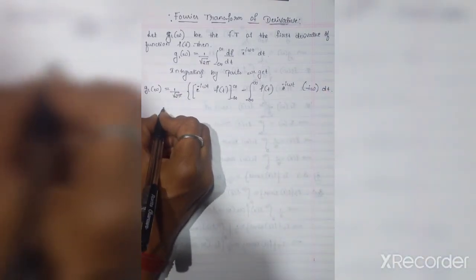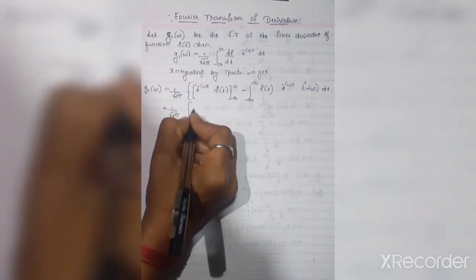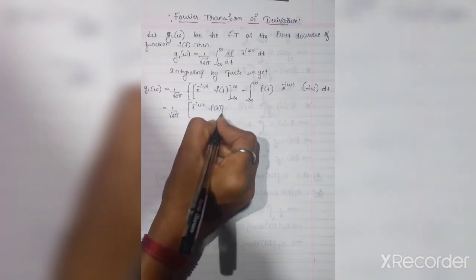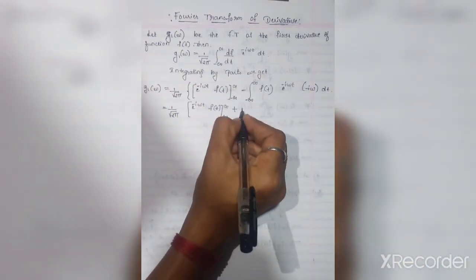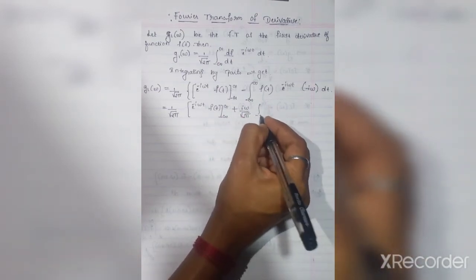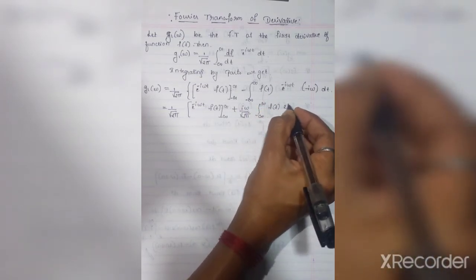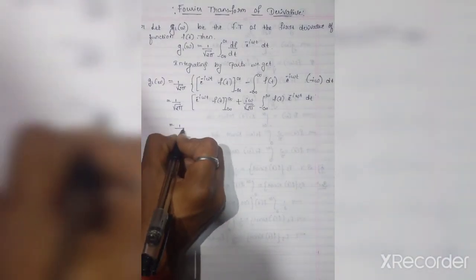Now see, 1 by root 2 pi, this is e raised to minus I omega t, this is f of t, from minus infinity to plus infinity, minus into minus gives plus, so this is I omega divided by root 2 pi integration from minus infinity to plus infinity f of t e raised to minus I omega t into dt.